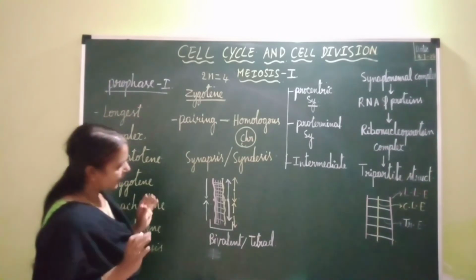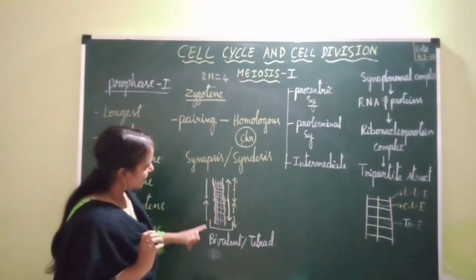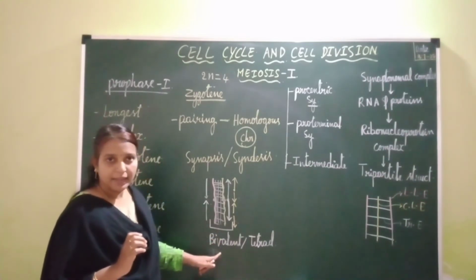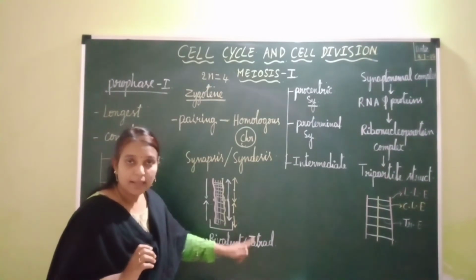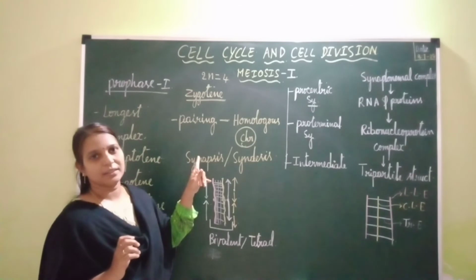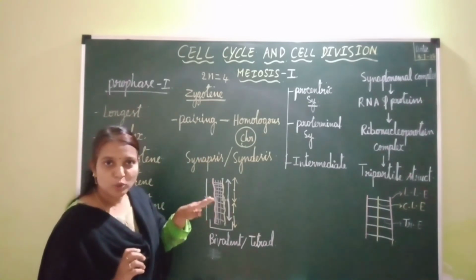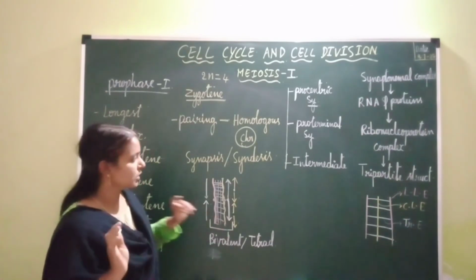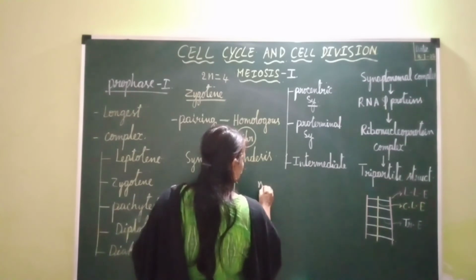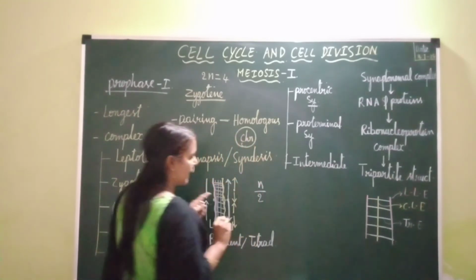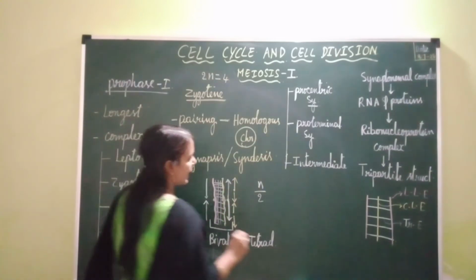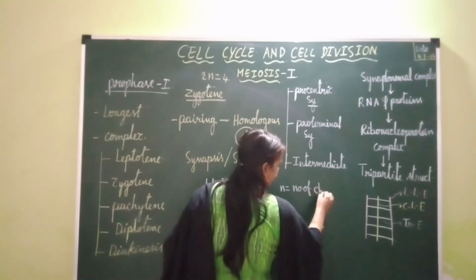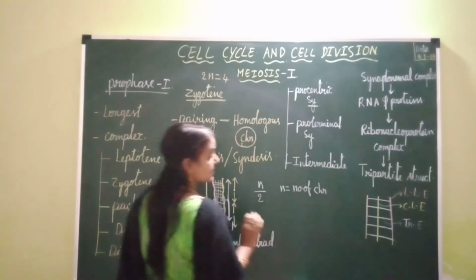Okay. So here I would like to discuss one more point. Here we are calling it a bivalent or tetrad. The number of bivalents or tetrads present in a cell is half the number of chromosomes present in that cell, because one bivalent consists of two chromosomes. To find the number of bivalents or tetrads in a cell, we use the formula n by 2, where n is the number of chromosomes present in that cell, not chromatids.